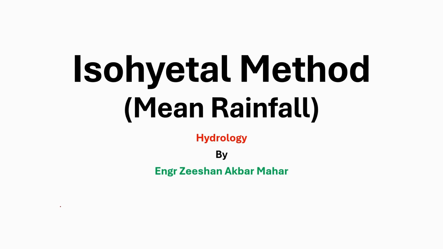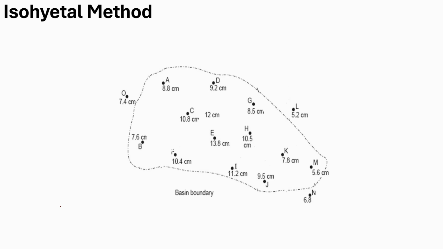This is again a graphical method. Thiessen polygon is also a graphical method, and the isohyetal method is as well a graphical method. So in this case, you will have to sketch the whole catchment area as per the coordinates of the area on a graph paper, and then you will have to locate the rain gauge stations, within or out of the area.